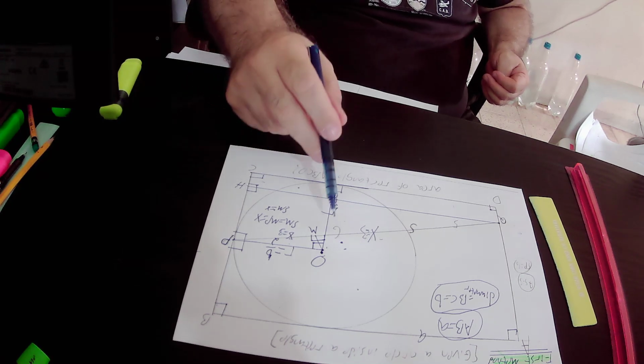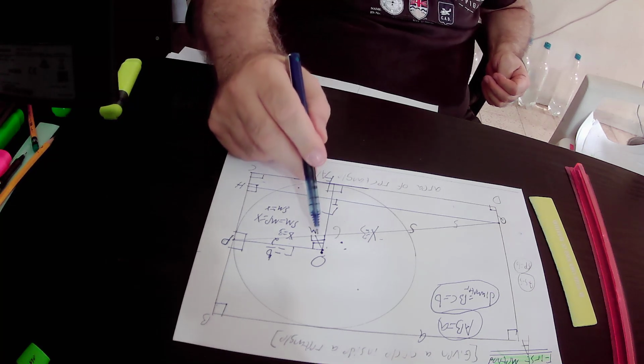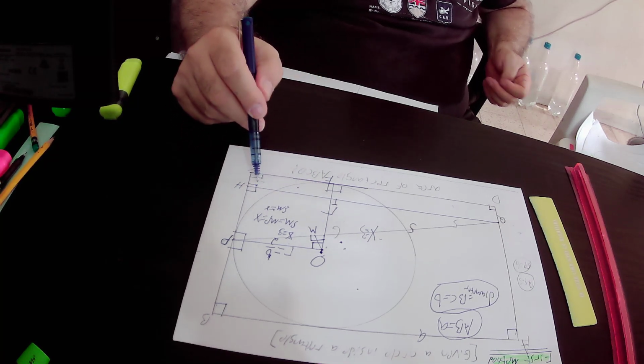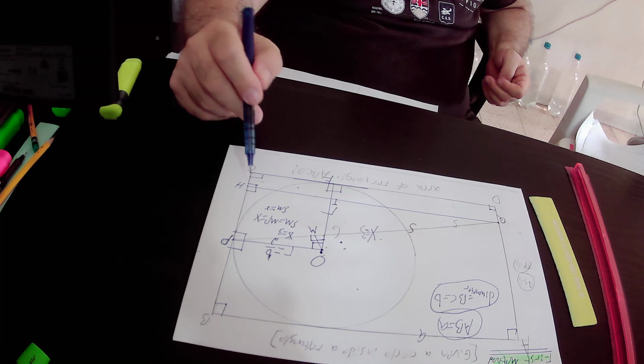Inside quadrilateral QPTH, we have 1, 2, 3 right angles.